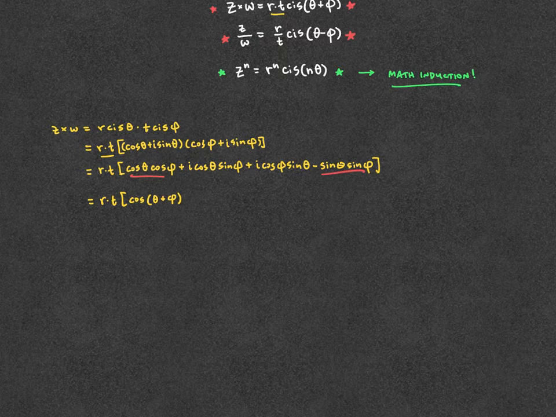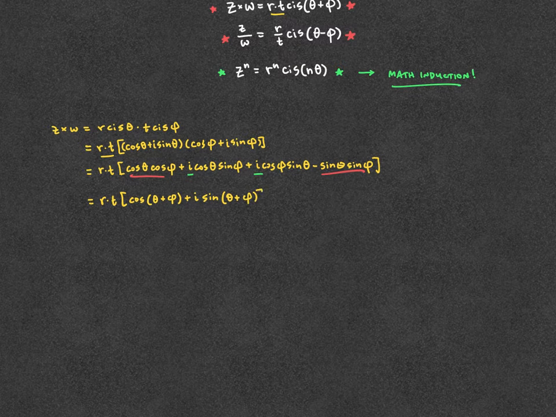Okay, go back to your trig identities for that one. Plus, I'm going to pull out an i. That leaves me with cosine of theta sine phi plus cosine of phi sine theta. That's going to be equivalent to sine of theta plus phi.